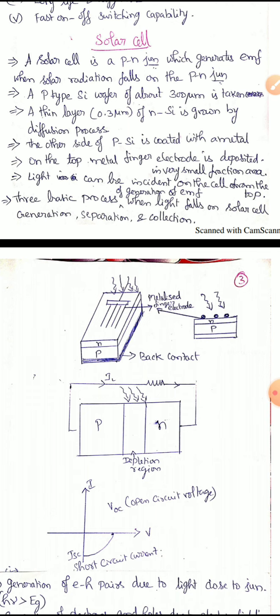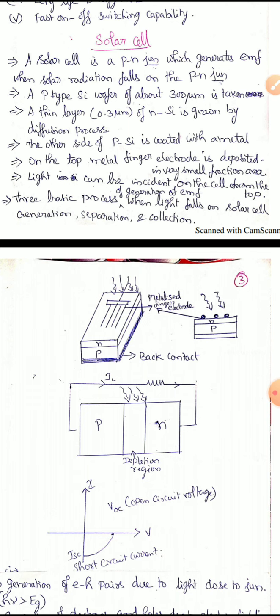So the structure is given there. See the diagram. There is a p-type semiconductor of about 300 micrometers, and a thin n-type silicon layer of 0.3 micrometer is formed by the diffusion process.